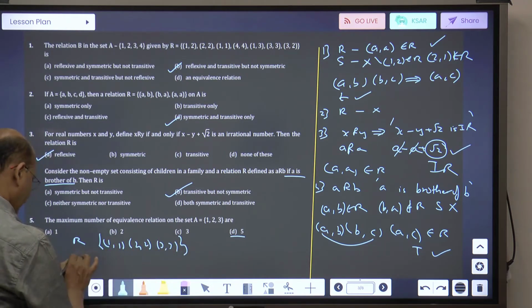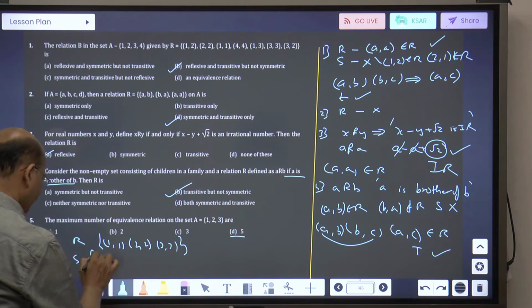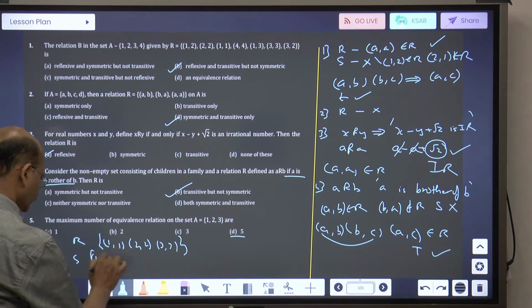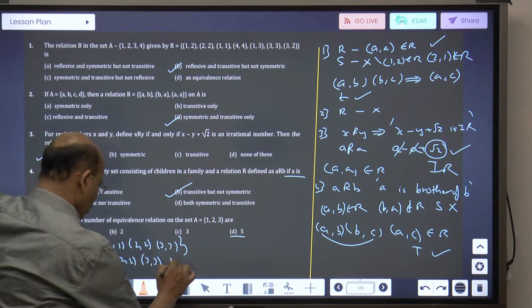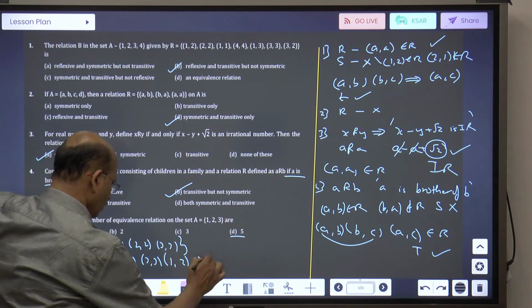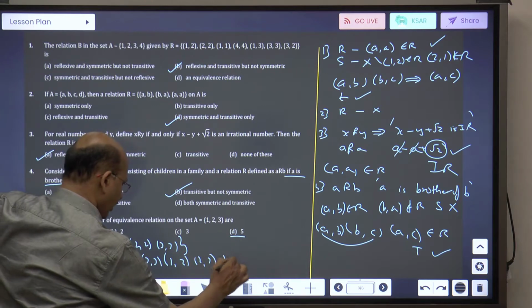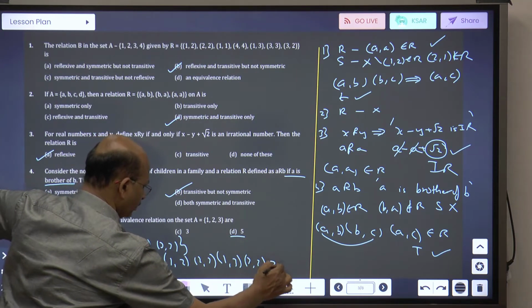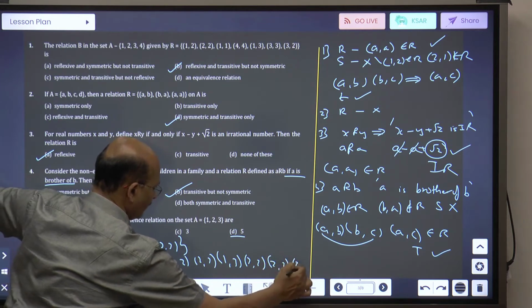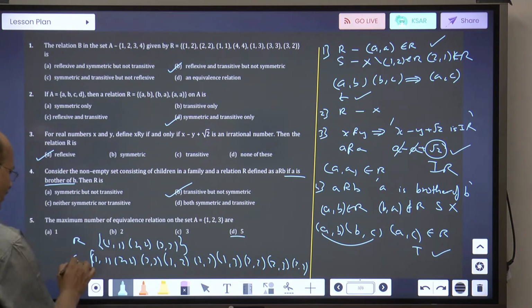Similarly, symmetric. So (1,1), (2,2), (3,3), (1,2), (2,1), then (1,3), (3,1), then (2,3) and (3,2), all will be there in this. So this is a second relation, R1, R2.